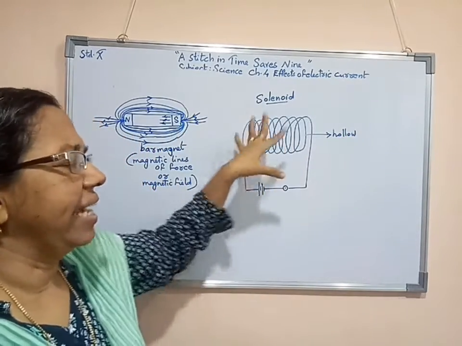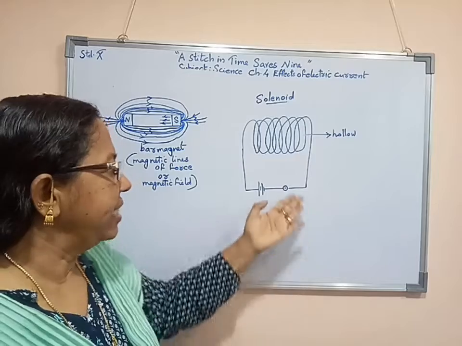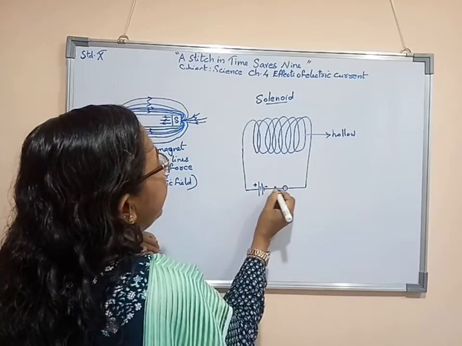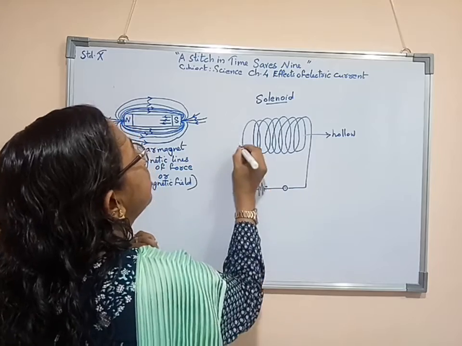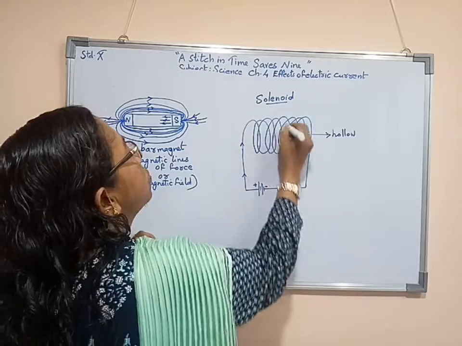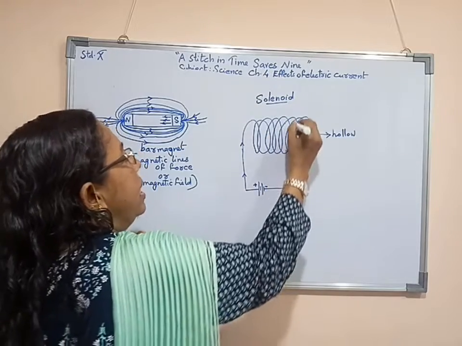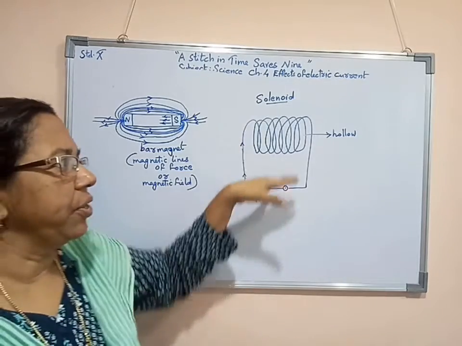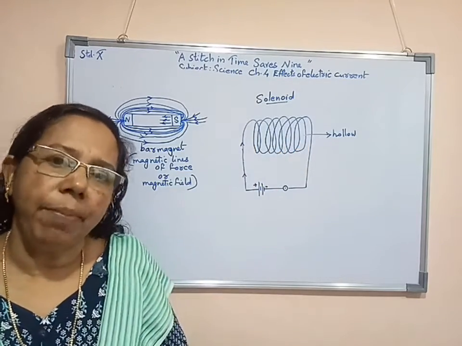It acts like a magnet as and when we pass current through it. This is the positive terminal, this is the negative terminal. Now we are passing current through here. As a result, the current flows through this coil, and afterwards it reaches here again. As a result, it acts like a magnet.